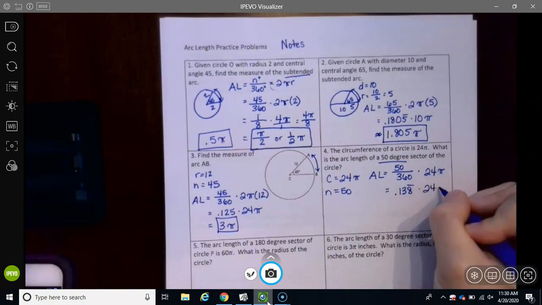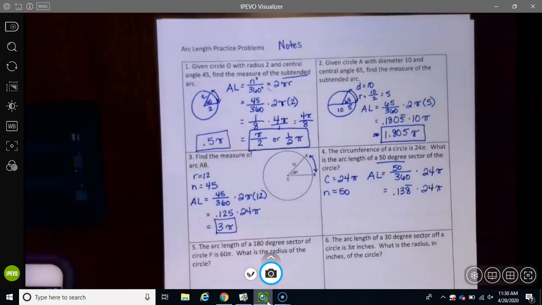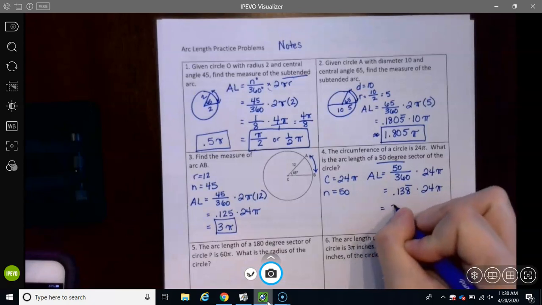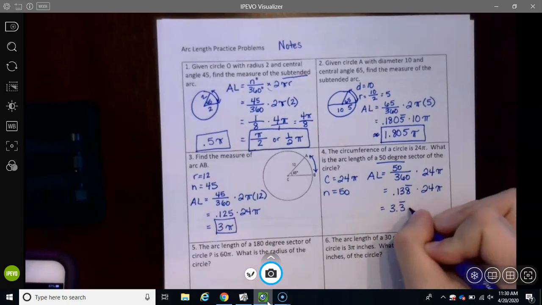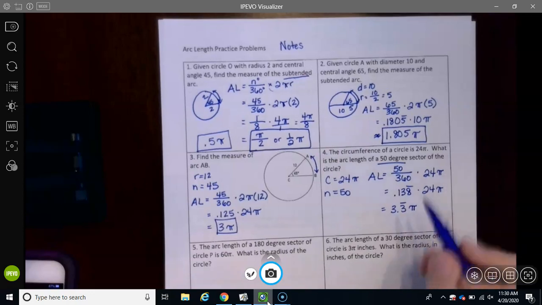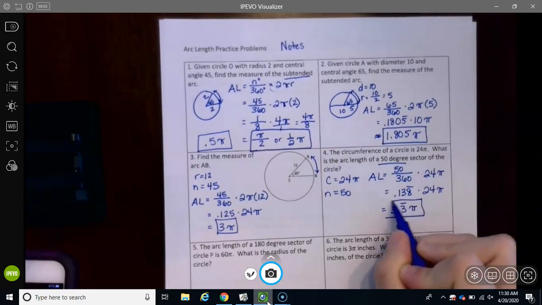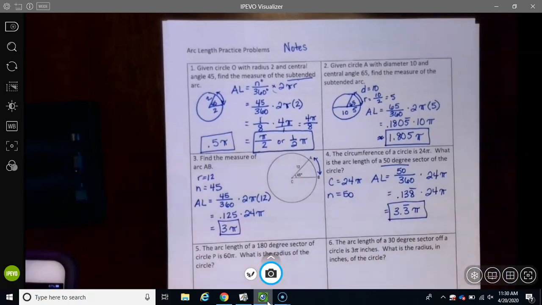Times the 24 pi. So I'm going to take 24 times that number I just got, and we get 3.3 repeating, and then bring down our pi. If you just put 3.3 pi, that's fine. I'll accept that as well.